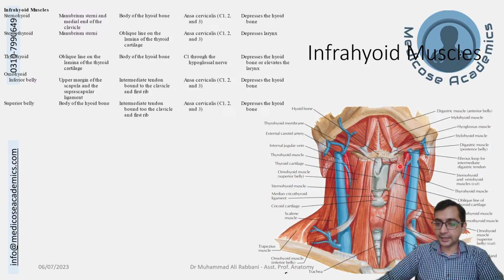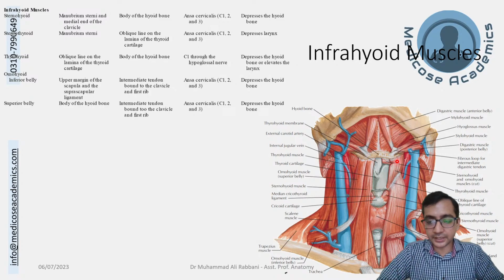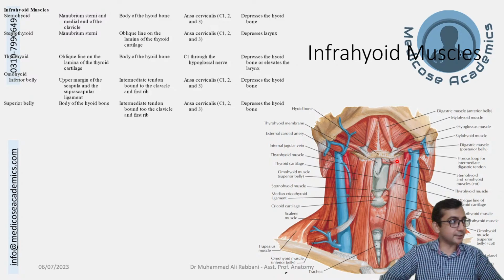If we remove them, behind them there is sternothyroid and thyrohyoid. Apart from thyrohyoid, all of the others are depressors of larynx. This particular thyrohyoid is the elevator of larynx, and all of these are supplied by various branches of ansa cervicalis.